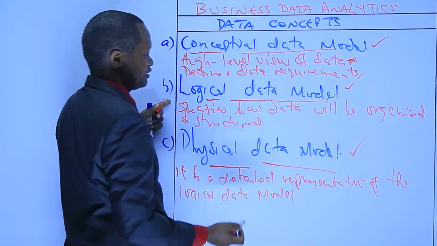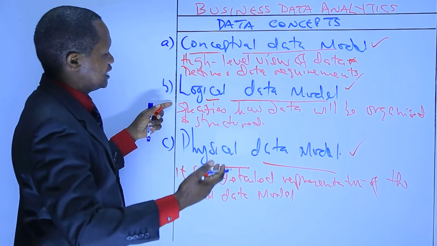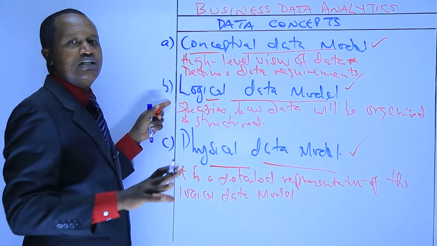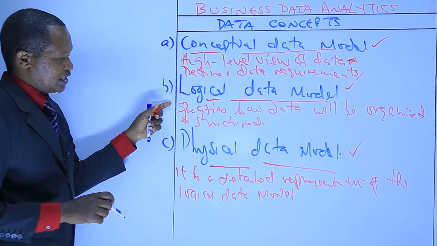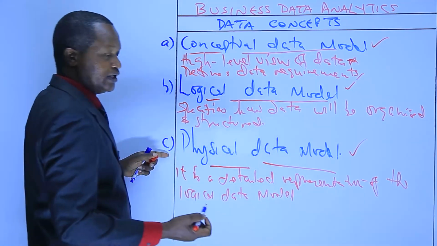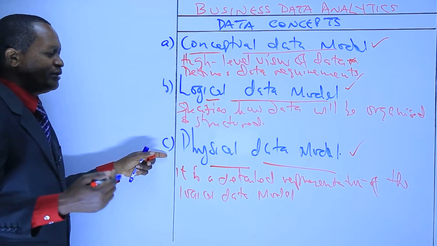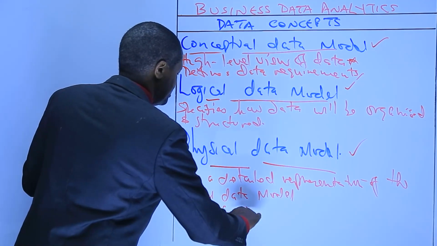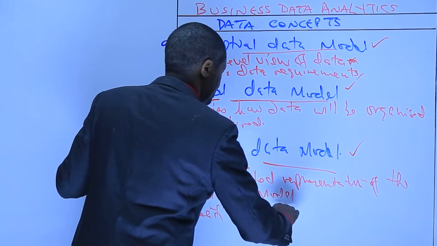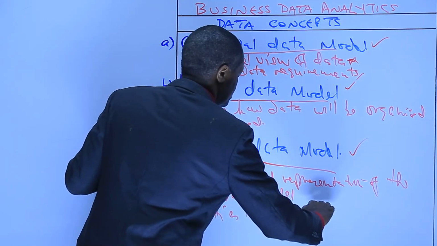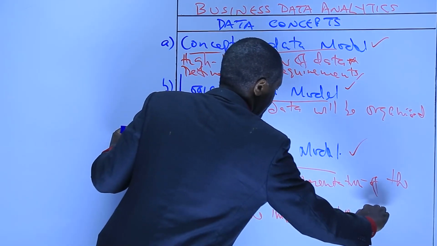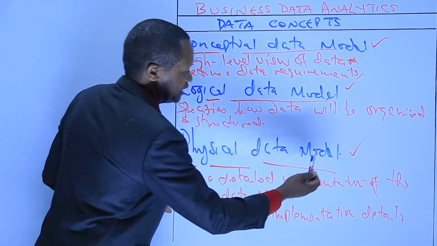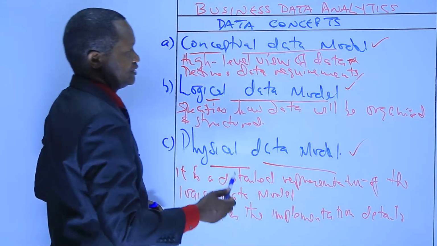The logical data model specifies how data will be organized, how data will be structured. Logic, from the word logic. And the physical data model will specify the implementation details. The physical data model specifies the implementation details.